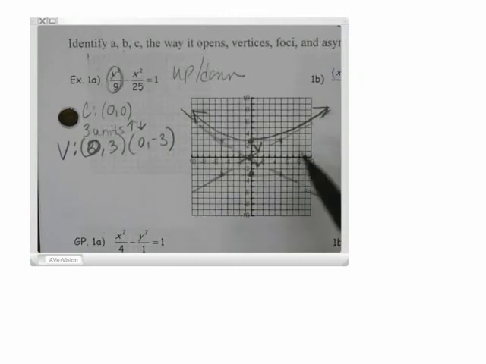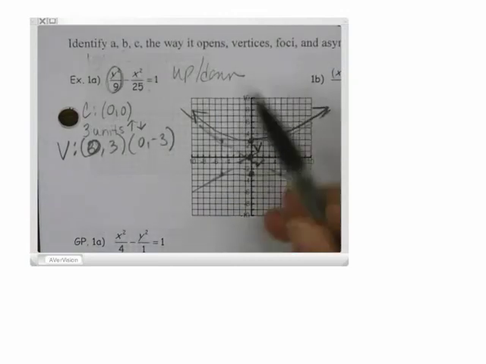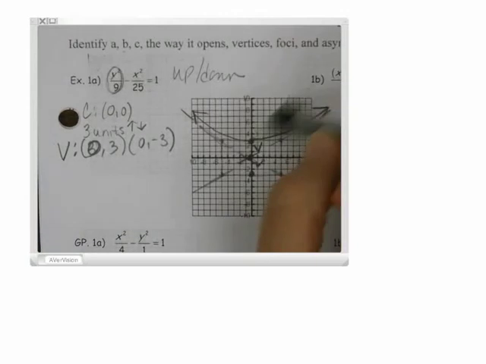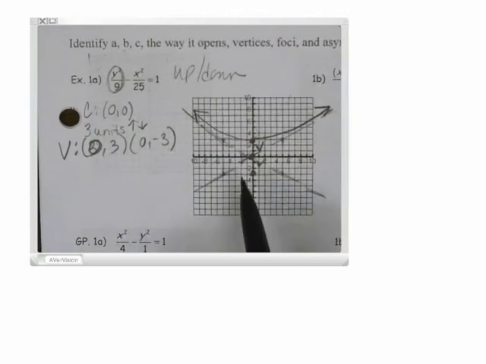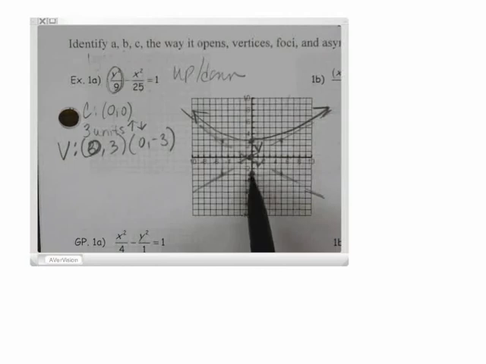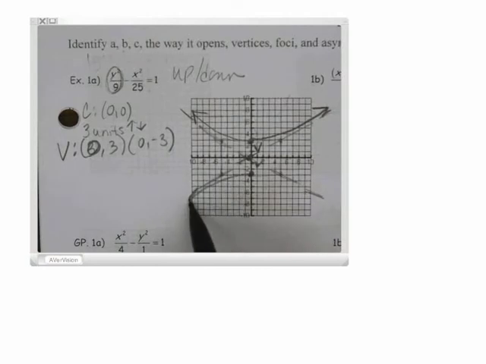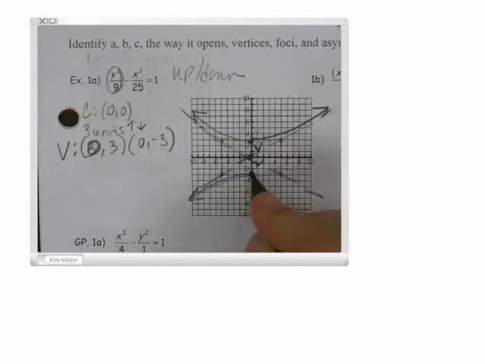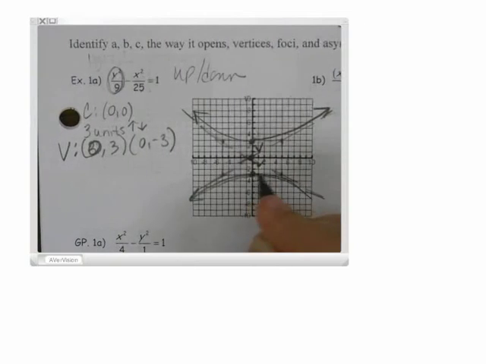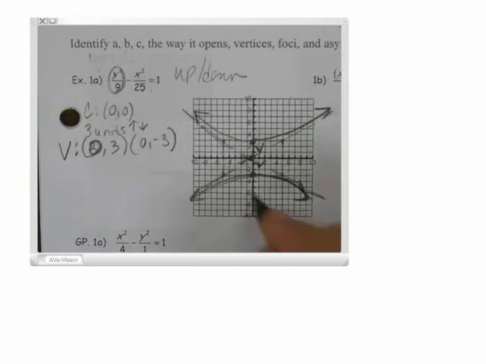That's why if this was a steeper line, say like this, it would be a more narrow hyperbola. You have to approach. So on this one, we're going to go vertex, approach, approach.